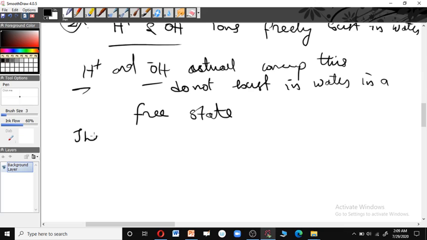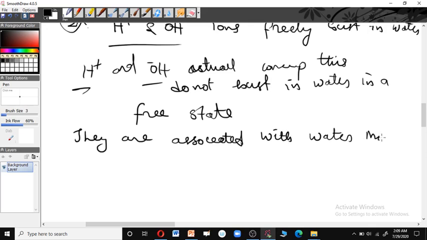They are associated with water molecules. For example, when water, H2O, is broken, H plus is released and OH minus is released.